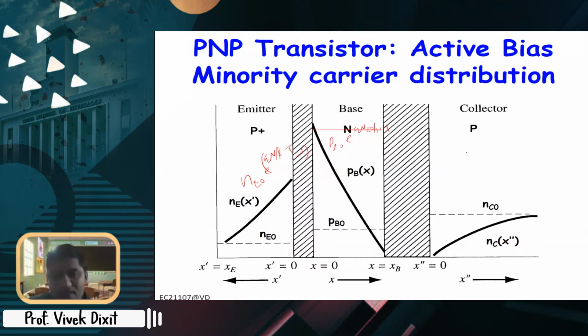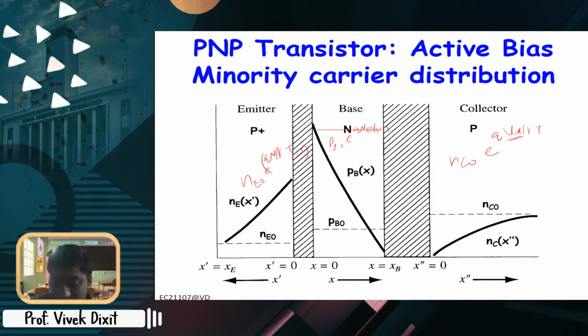You can write a similar expression for the collector. So this will be Nc naught exponential qV_CB by kT. If you take a difference, then minus 1.